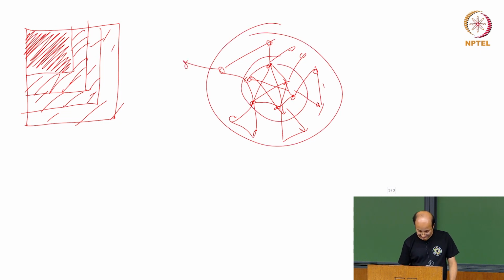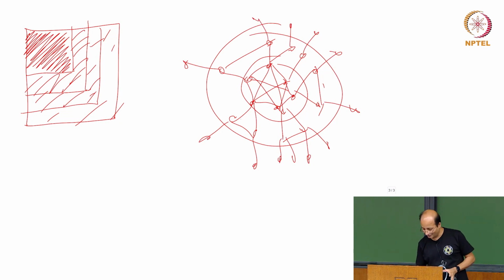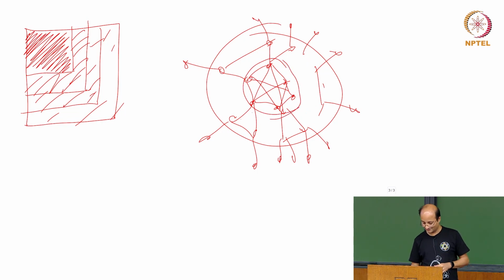And then the next layer, even fewer connections, and so on. So you can actually think of it as an innermost core which has the densest connections, everyone's talking to everyone, and then successively, it's like an onion.